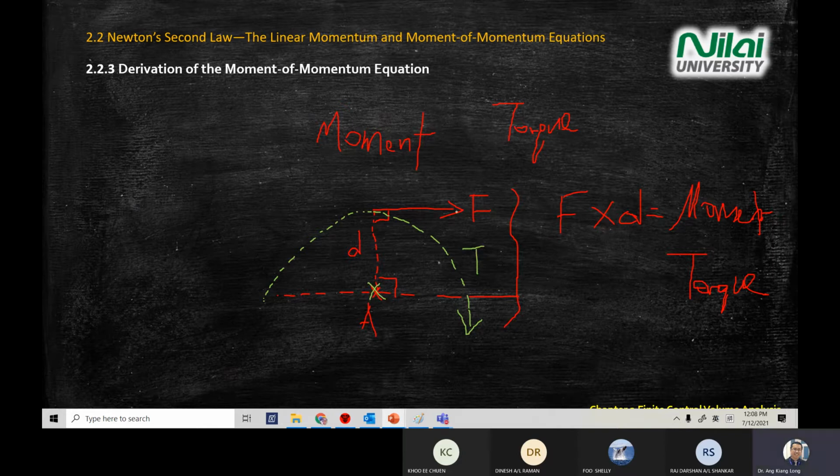The red color is your input. Once your force and distance are perpendicular to a reference point, you're going to get a torque or moment action. Remember this concept throughout this lecture.